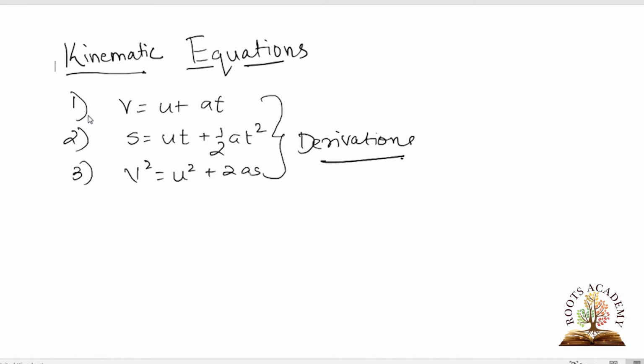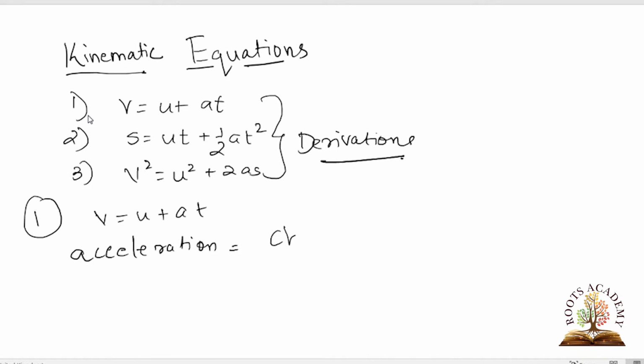Okay, so the first one, which is v = u + at. It's very simple. Now it's nothing but our formula for acceleration. Acceleration is change in velocity upon time.